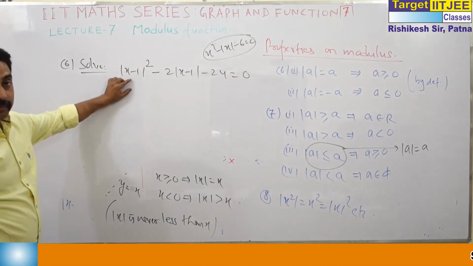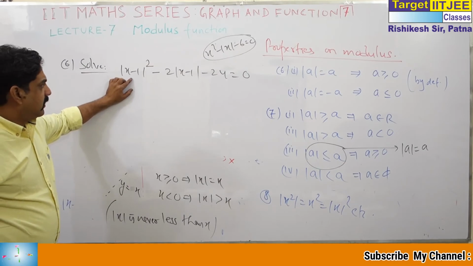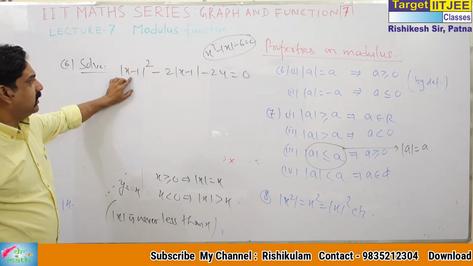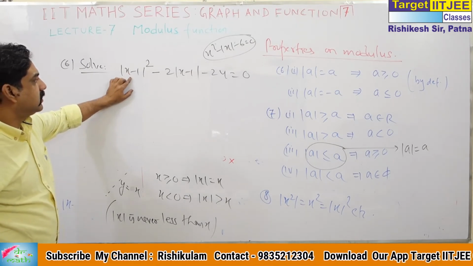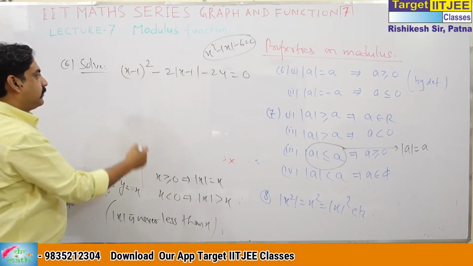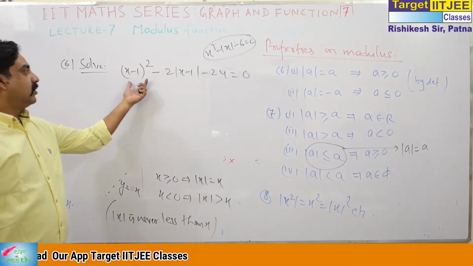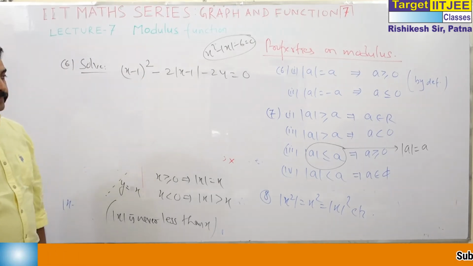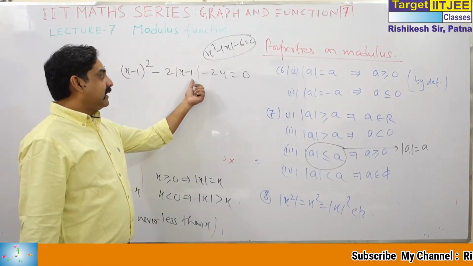Now how to discuss this question? There is no need to break the modulus too much. Suppose the question is like this. This is the question. We can solve this by taking two cases.